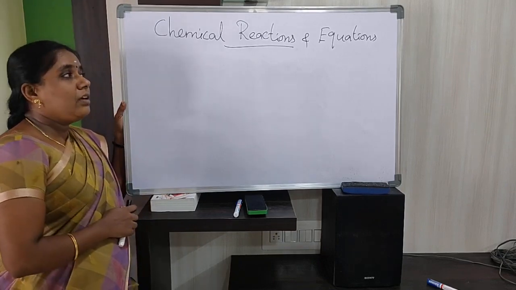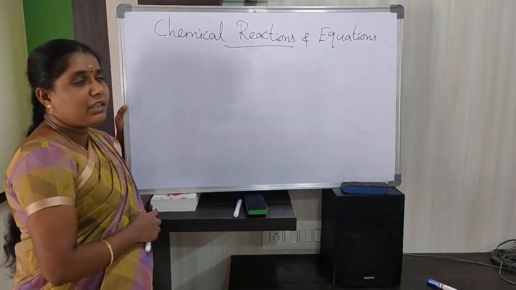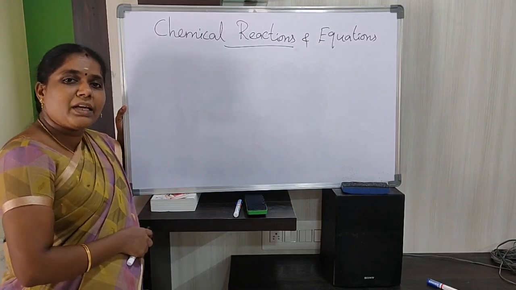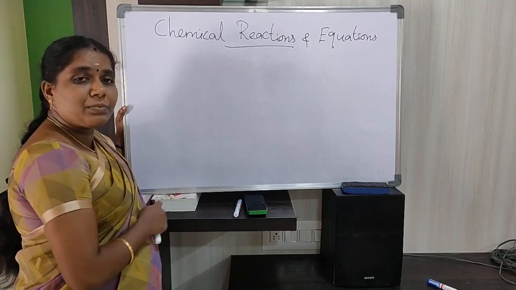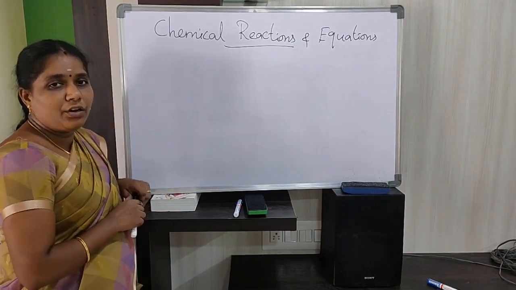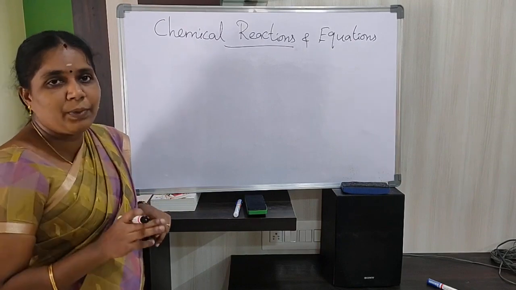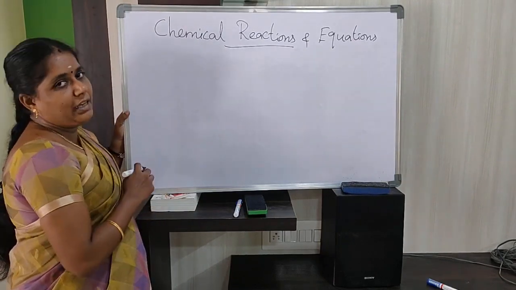Already in your grade 9 we have learned what is meant by chemical reaction, isn't it? So what is meant by chemical reaction? It is the process in which new substances with new properties are formed. During a chemical reaction, compulsorily a new substance will be formed. That new substance is entirely different from its reactants.